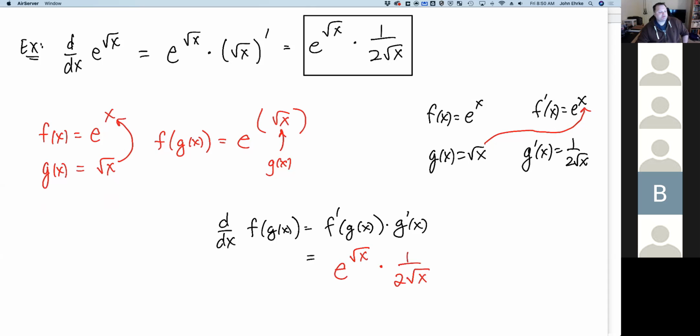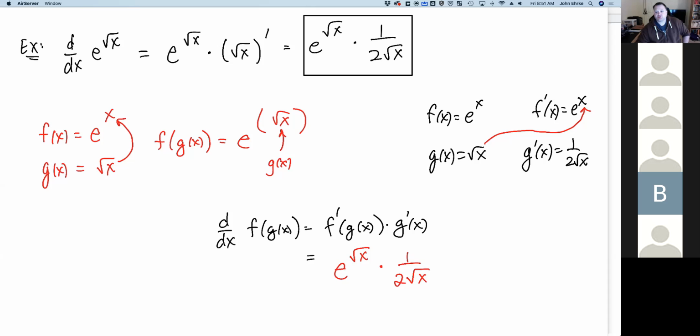So what you're going to see me do in Monday's class, we're going to do a bunch more of these, is you're going to see me talk about what's the inner function, what's the outer function. You're going to see me make this little substitution here, f, g, f prime, g prime. And then we're going to substitute g into f prime, and then we're going to multiply by g prime each time we do this.